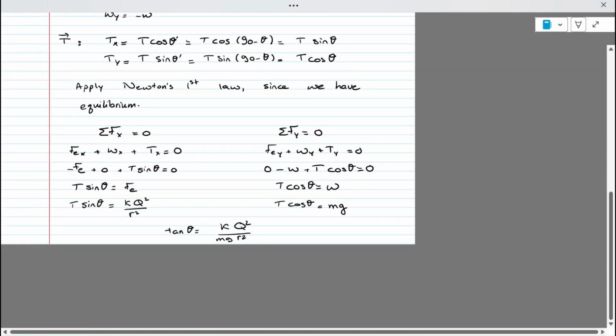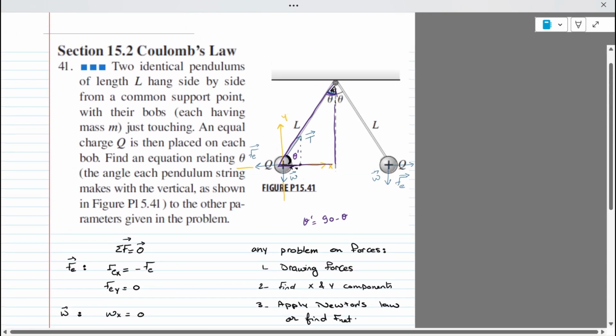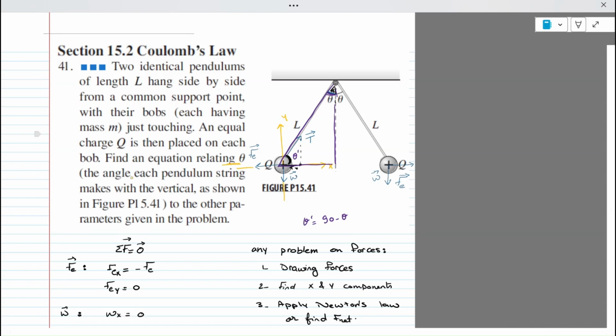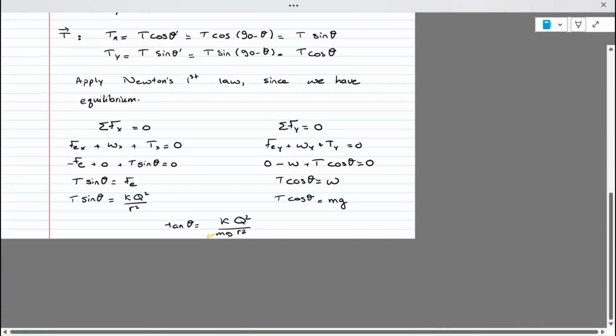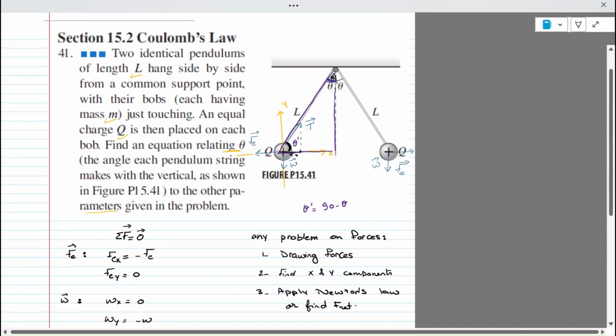They asked us to find theta in terms of the parameters given in the problem. We're given the mass m, the charge q, and the length L of the pendulums. So m is given, q is given, but r is not given. Instead, we are given the length L of the pendulum.